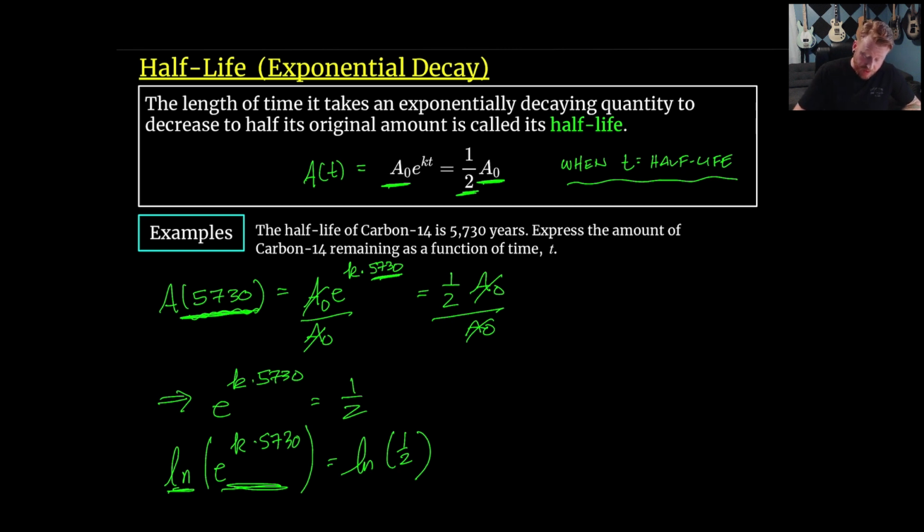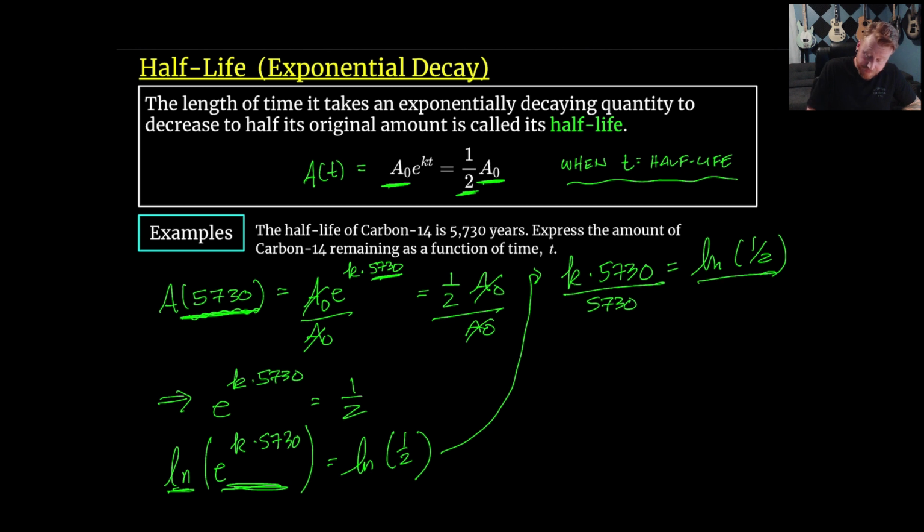Those are undoing each other. What we will have left is just k times 5730 equals the natural log of 1/2. Now we can divide both sides by 5730, and we've got that k equals the natural log of 1/2 over the half-life, which is 5730.